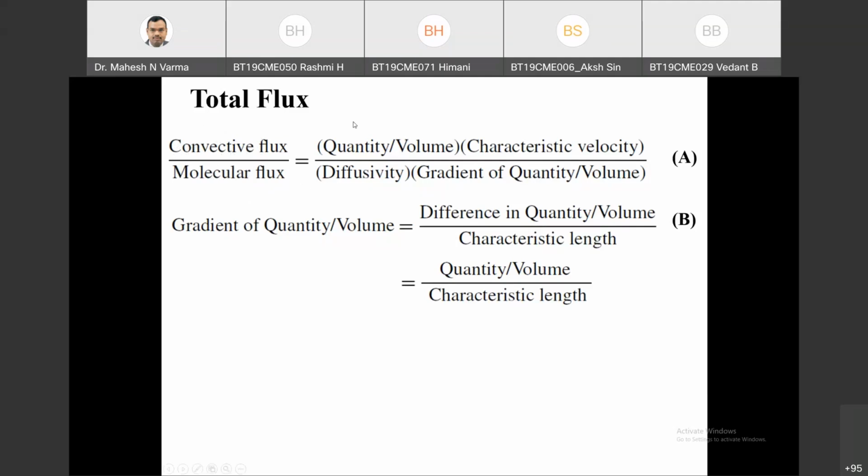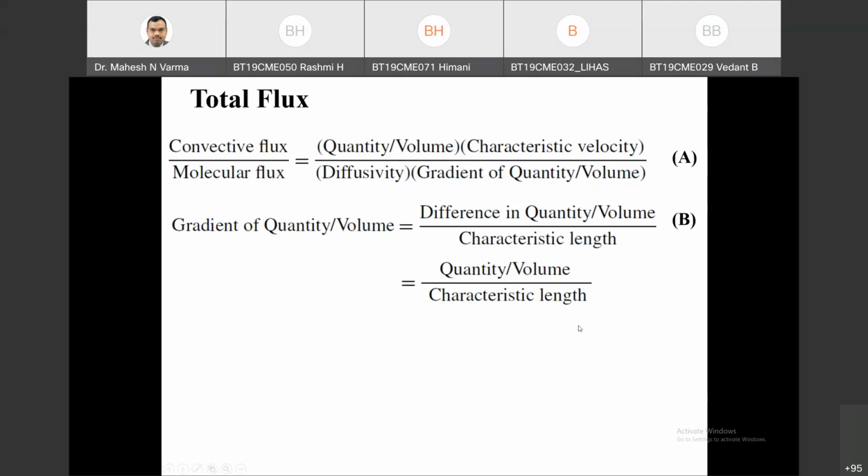The gradient of quantity per unit volume is the difference in quantity per unit volume divided by characteristic length, so its dimensions are quantity per unit volume per unit length. Is this clear to everybody? Any doubt? Clear, sir.